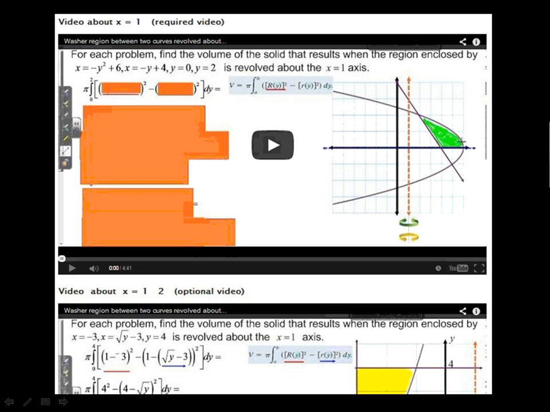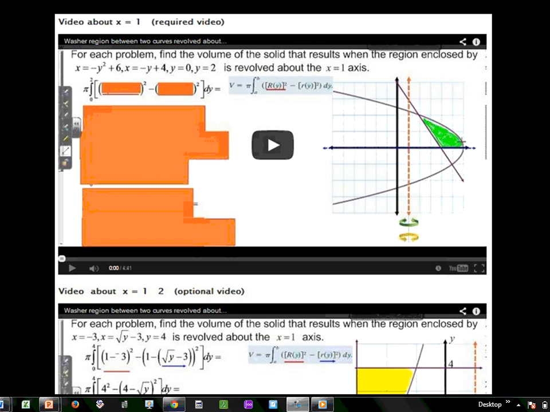So if students were watching their first video and felt fuzzy on it, not quite sure what to do, they could go ahead and watch the optional video, which would be very similar to the first one, a different problem but a very similar setup.